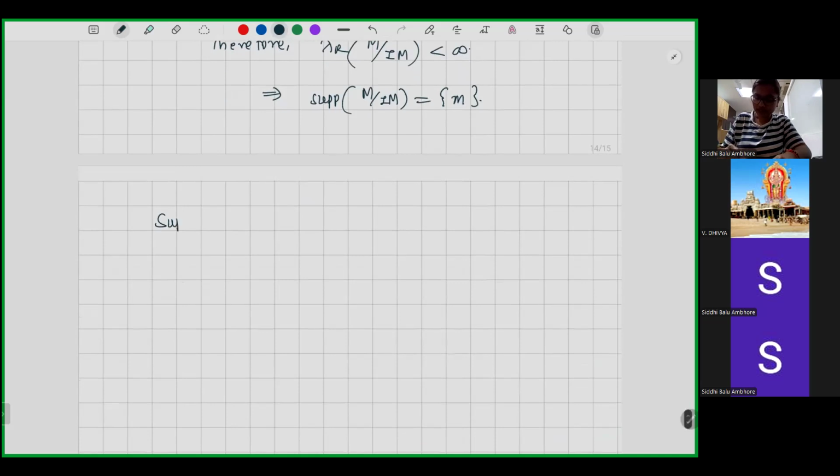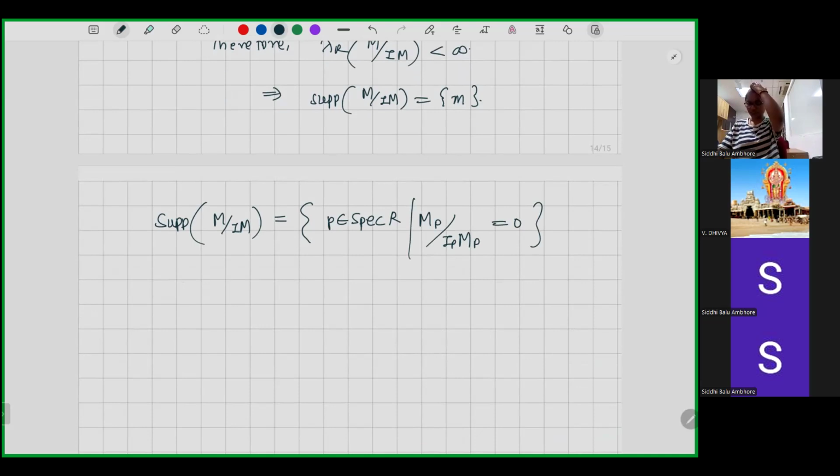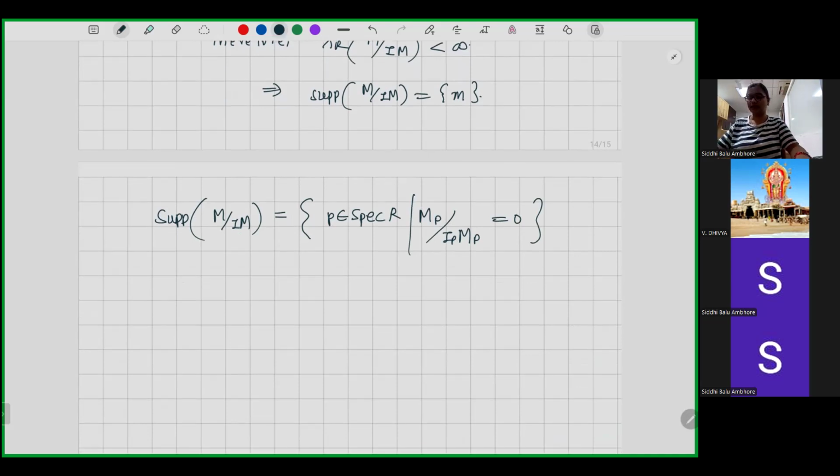Okay, and what is the support of this M mod IM? It is the set of P in Spec R, the definition I'm writing here, such that M_P mod I_P M_P is 0. When I write this, these are localizations. This is the localization of M and I both with respect to this prime ideal P. When I do the localization with respect to a prime ideal, the multiplicative set is actually the complement of that prime ideal.